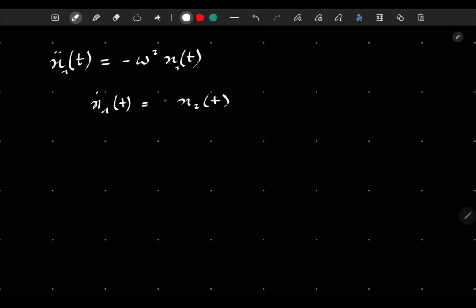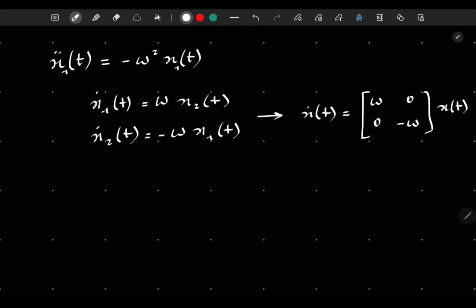And actually, let's add an omega here for simplicity. Then we can write x2 dot as the expression we have above divided by omega. We can also write this system in matrix form as x dot equals some antisymmetric matrix.